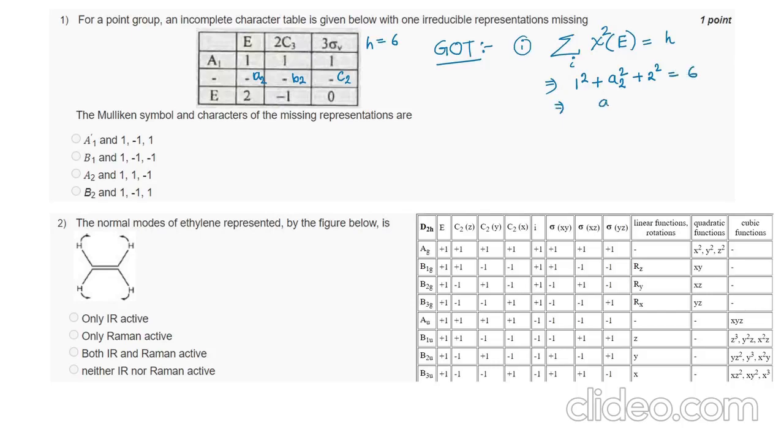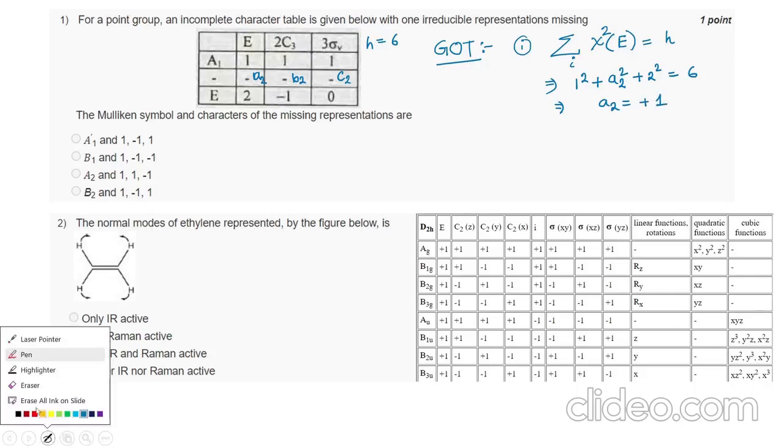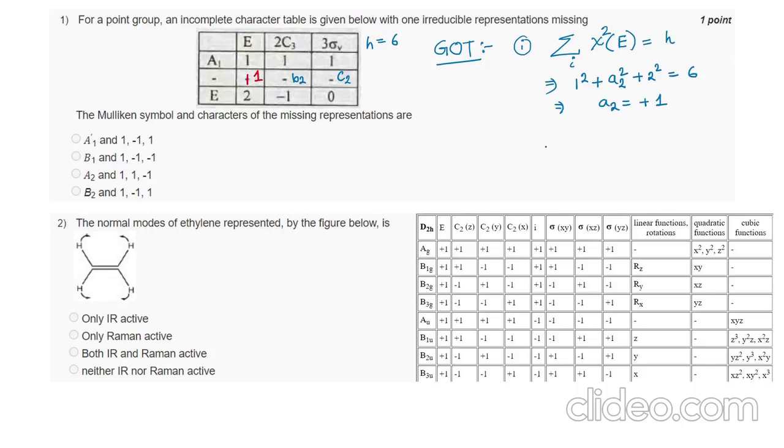Then I have A2 to be plus 1 or minus 1, but I know that the dimensionality is always positive, so I am going to get plus 1. So my A2 is plus 1. What about B2?